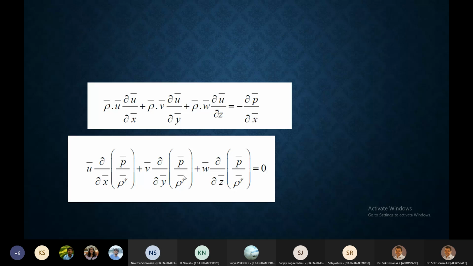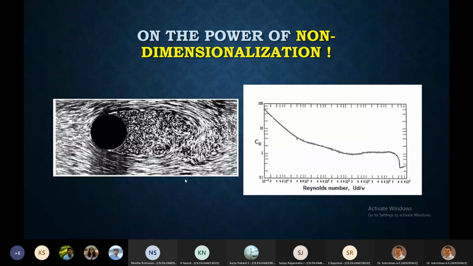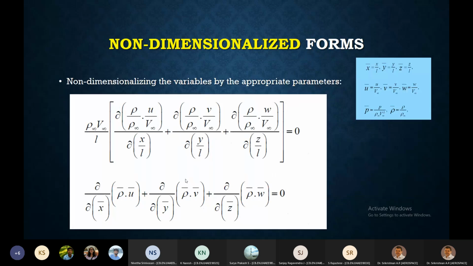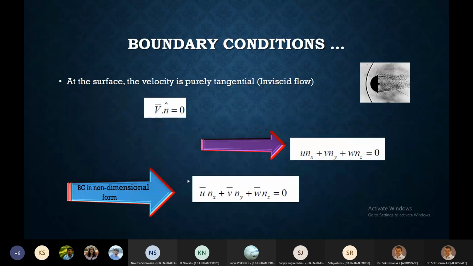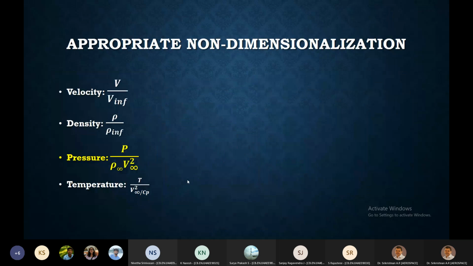So when we have the steady inviscid forms, what we did next was try to non-dimensionalize the equations. That is, we tried to replace the dimensional parameters like pressure, density, etc. by an appropriate set of non-dimensional parameters. For example, we non-dimensionalized the velocity by the free stream value. So instead of v, we wrote v by v infinity.